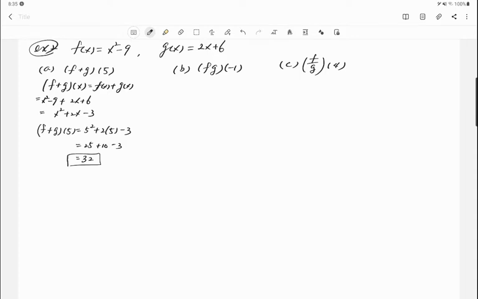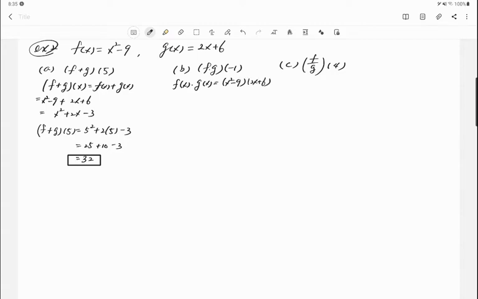Okay, then let's do the next one. Now, fg means multiply, right? So we will find f of x times g of x. That will be x squared minus 9 and 2x plus 6, right?